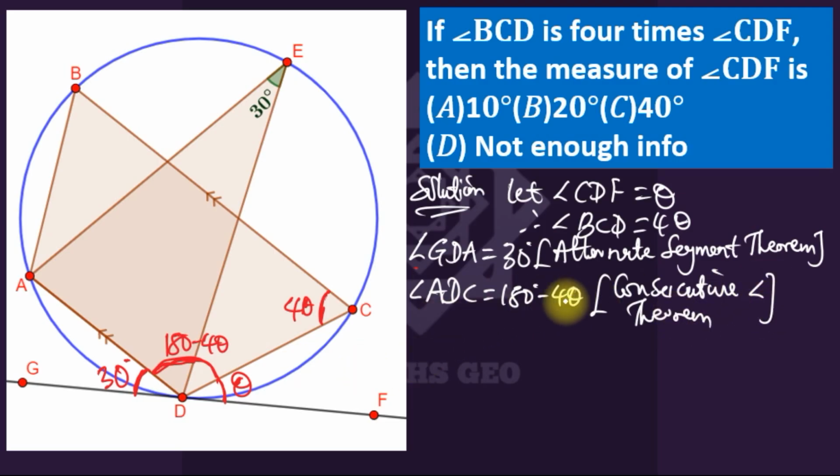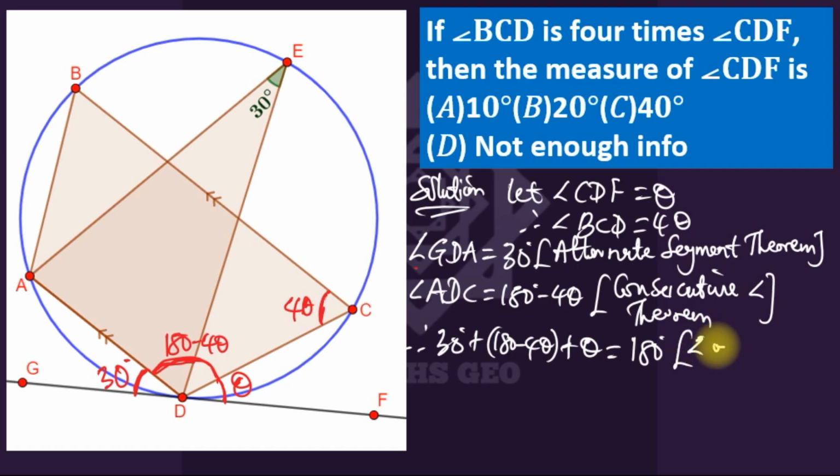So with that, what we are looking for, we can get it. If you add 30 degrees, 180 minus 4 theta, and theta, it must be 180 degrees based on angle on a straight line.